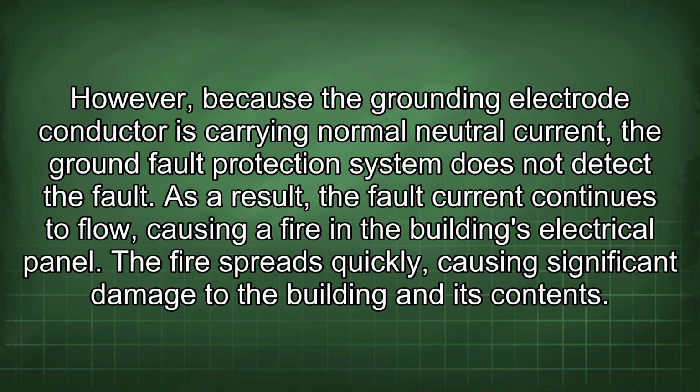However, because the grounding electrode conductor is carrying normal neutral current, the ground fault protection system does not detect the fault. As a result, the fault current continues to flow, causing a fire in the building's electrical panel. The fire spreads quickly, causing significant damage to the building and its contents.